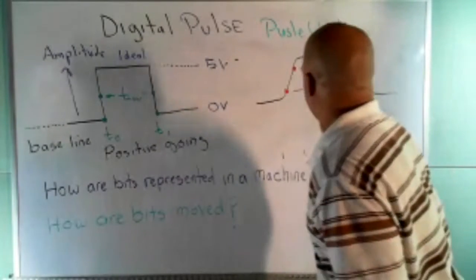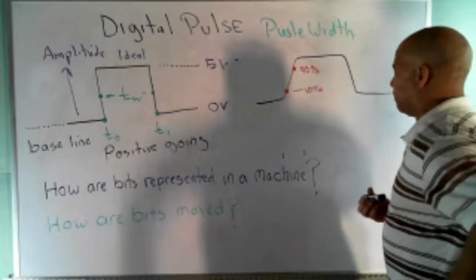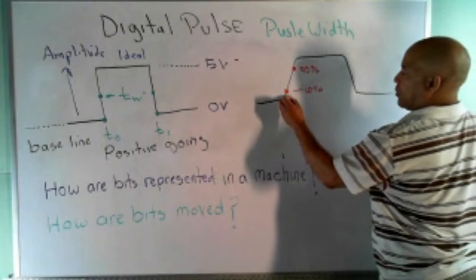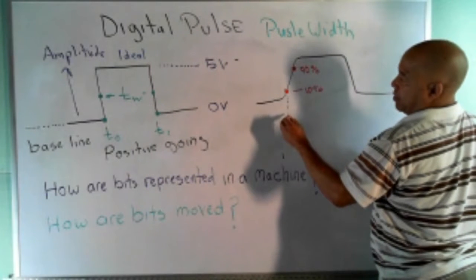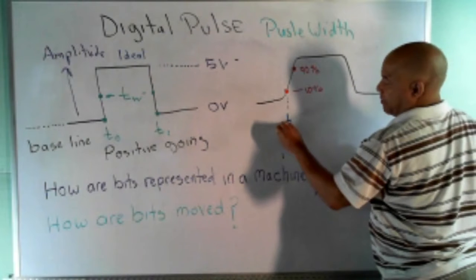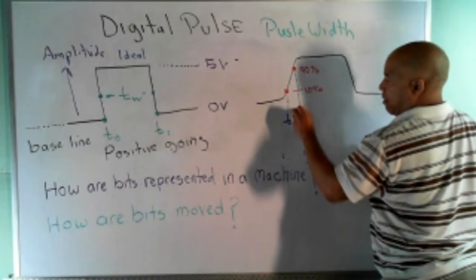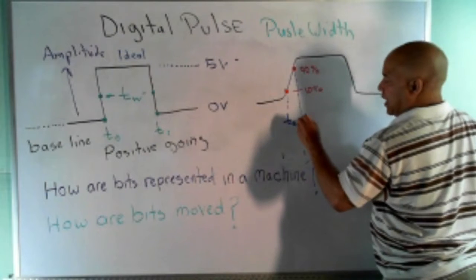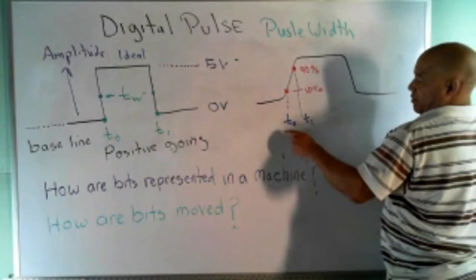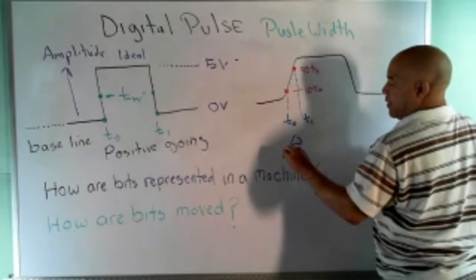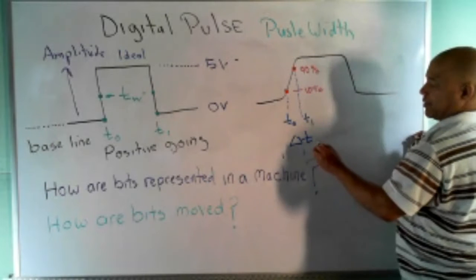And the kind of measurements I might want to take, well, this right here might be a little time T0, and this right here might be a little time T1. So the difference between these, that little delta T, we call that the rise time.